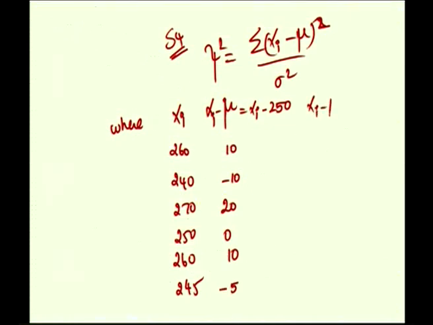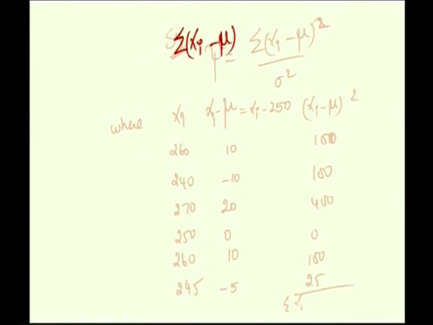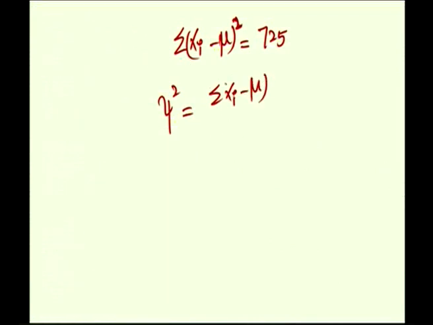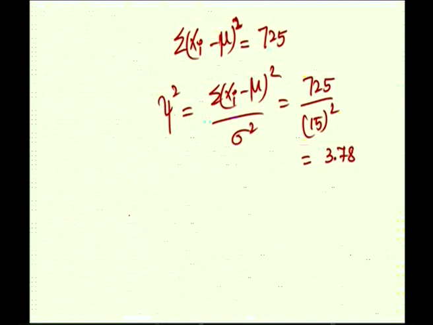Then xi minus mu whole square is 100, 100, 400, 0, 100 and 25, and summation xi minus mu whole square is equal to 725. Now the chi-square value, summation xi minus mu whole square by sigma square, is 725 by 15 square, and this value comes to be equal to 3.78.